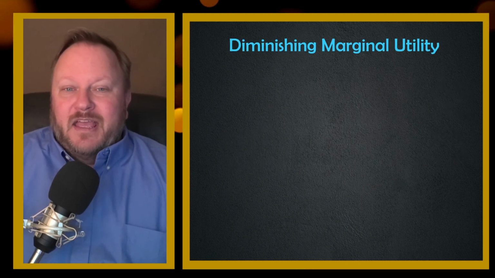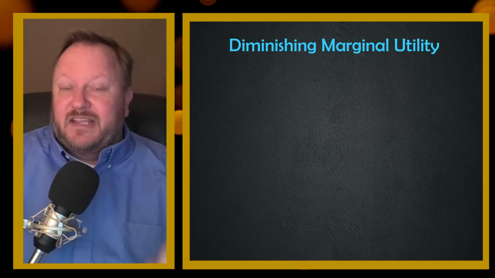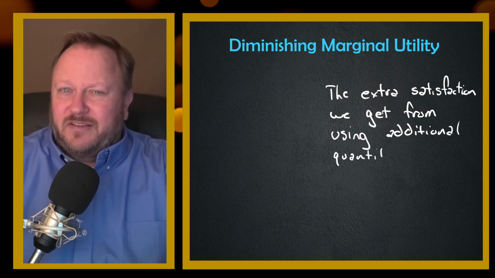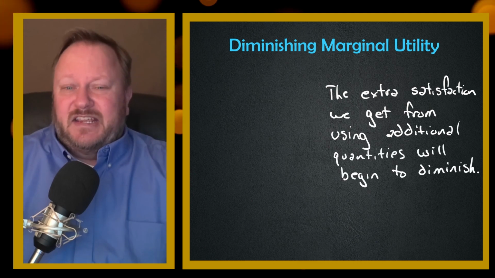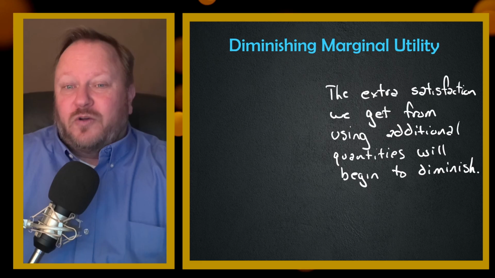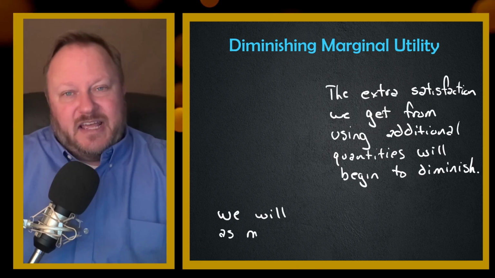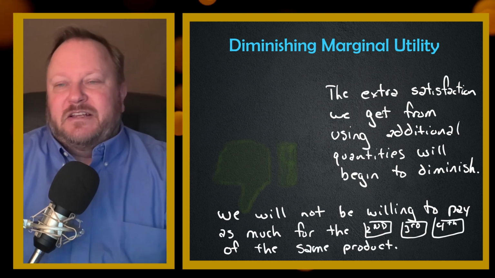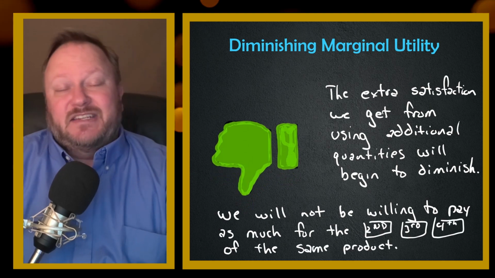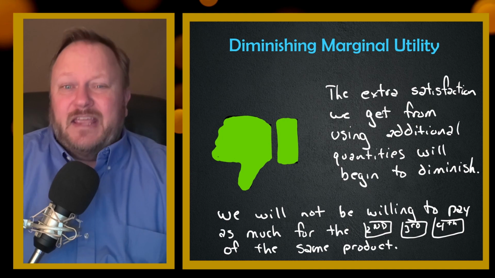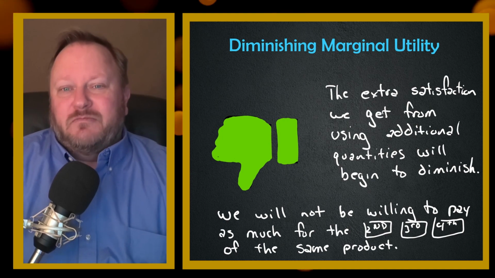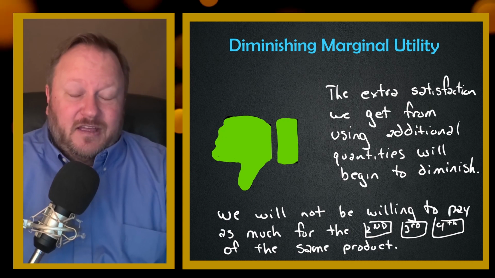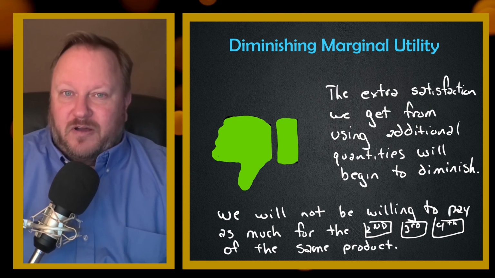Now, diminishing marginal utility is the point that, when you're looking at marginal utility, typically you will see that as greater quantities are purchased, the satisfaction will begin to diminish. So Bob, who ends up purchasing 6 t-shirts at $10 a piece, will see a diminishing marginal utility with that 5th and 6th t-shirt as compared to the first t-shirt that he bought.